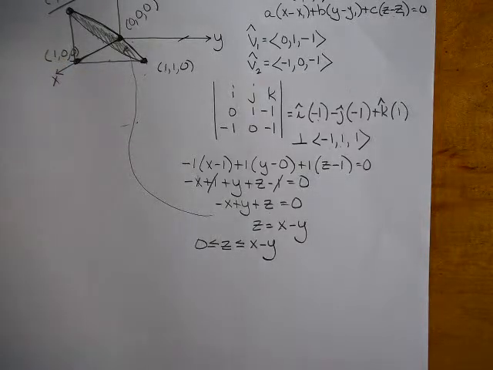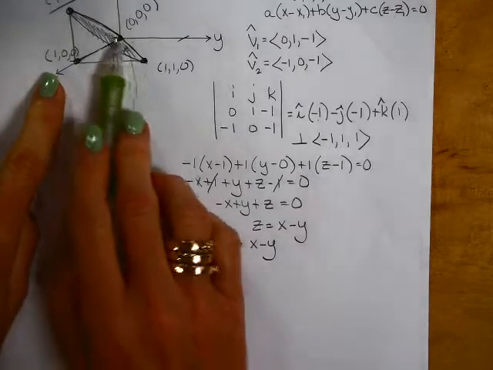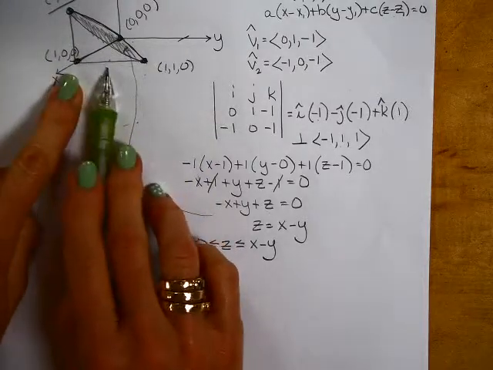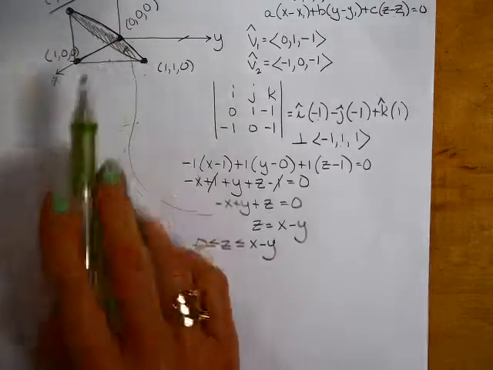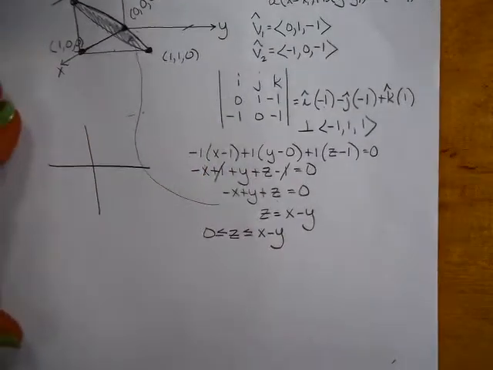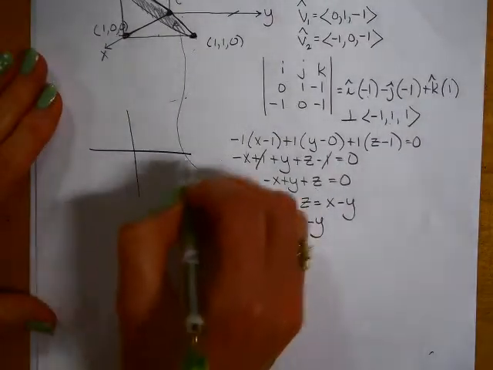Right, now I've got to figure out what to do for x and y. To do that, I need to look at this shape that's down here in the xy plane. But that's too difficult to look at down there, so I'm going to put it over here on its own little graph. This is my xy plane.